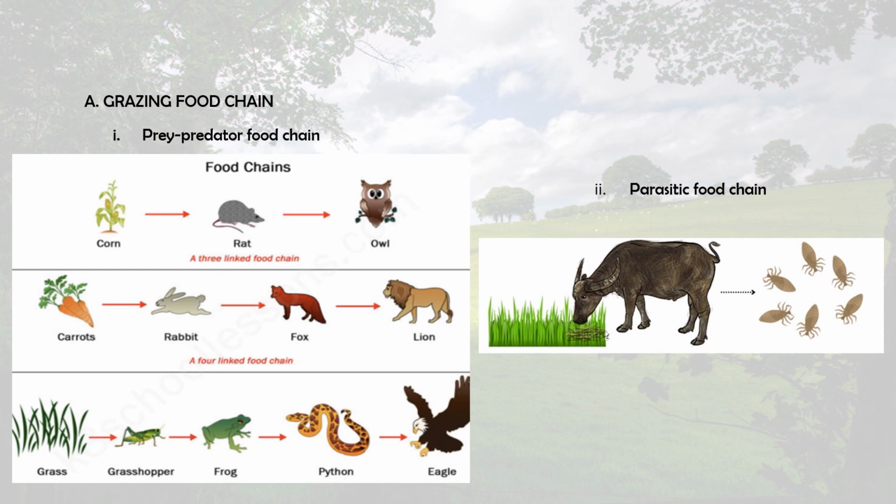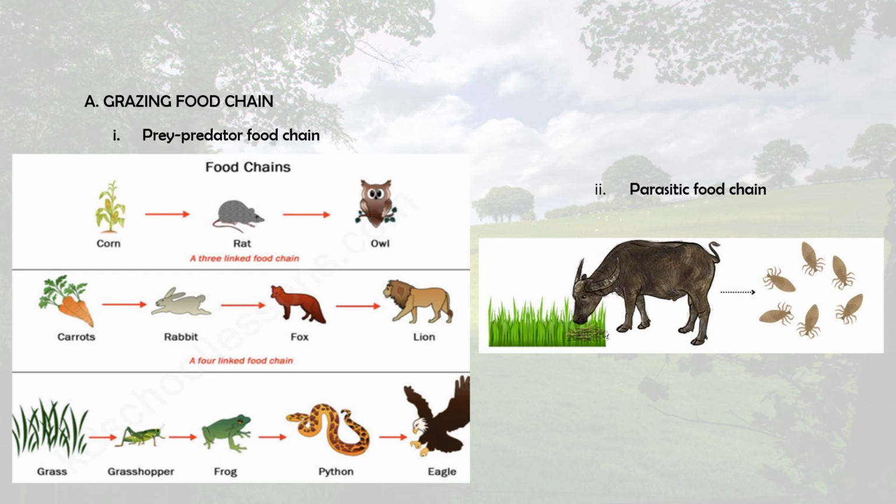They are present on animals and wood, all those things. So they are parasites, and this chain represents the parasitic food chain, where a smaller organism, generally the parasite, consumes some parts or whole of the larger animals or plants.